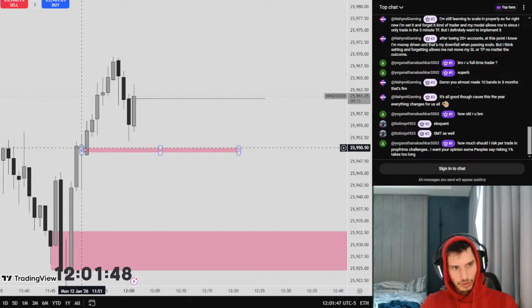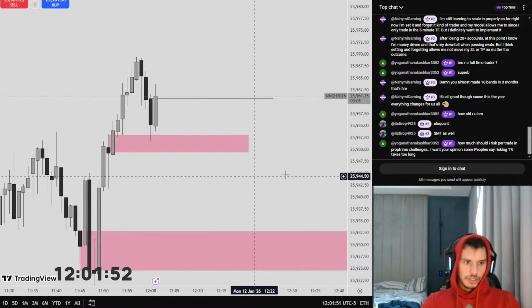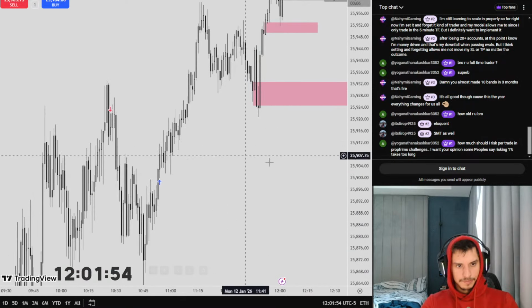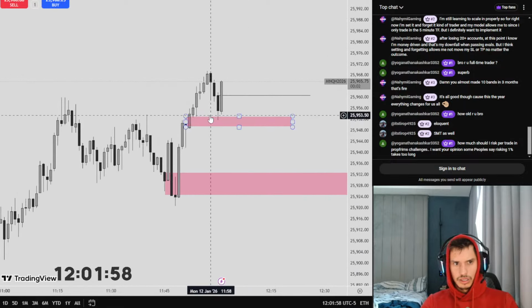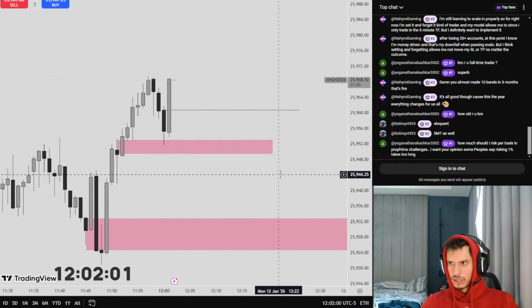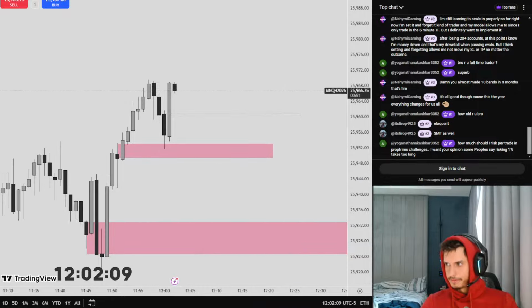Notice how we tap into the order block, respecting it. Bullish order flow is still in play. Cheeky stuff.